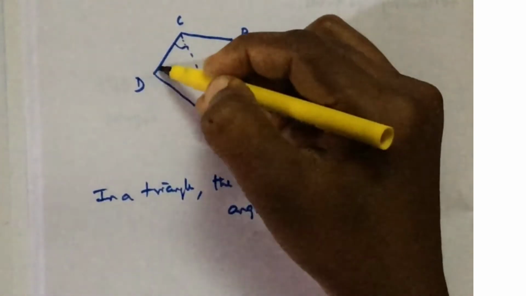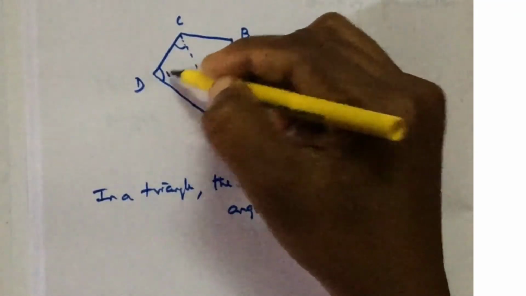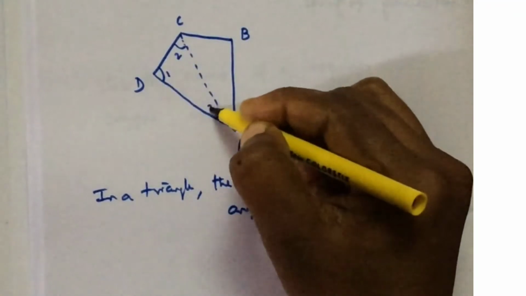In triangle ACD, let me take these angles as 1, 2 and 3.